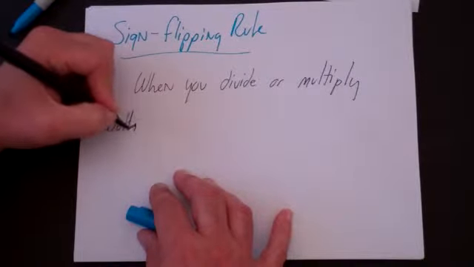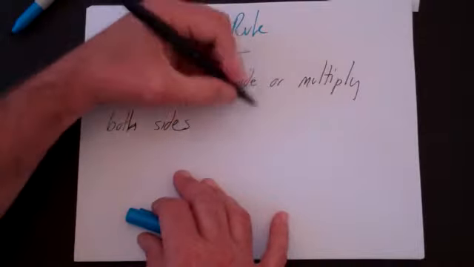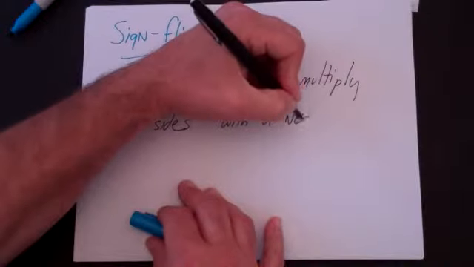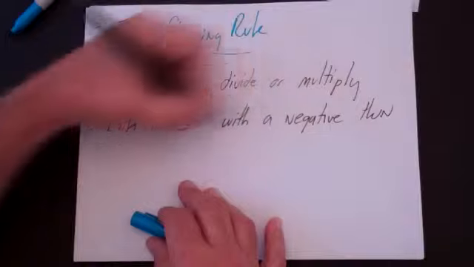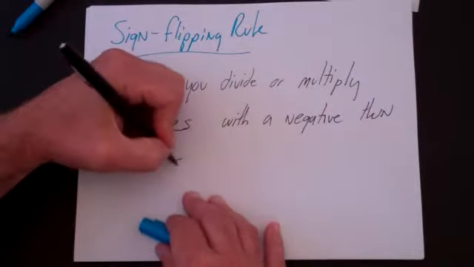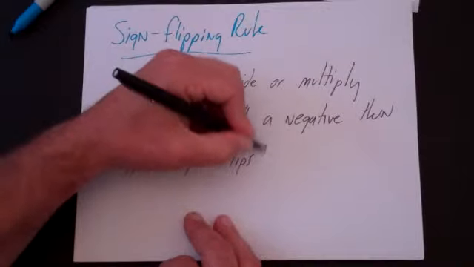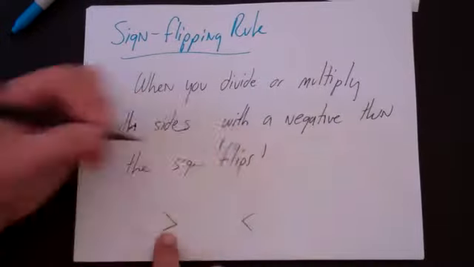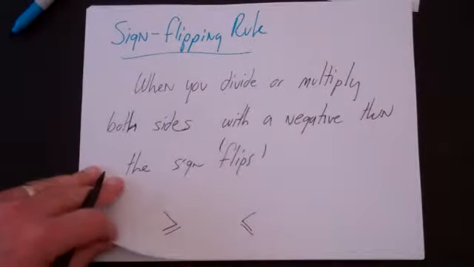We're not talking about distributing, we're talking about multiplying or dividing both sides by the negative. Then the sign flips. What we mean by flips is that if it's facing in this direction, it flips to that direction, whether it's greater than or equal or less than or equal.